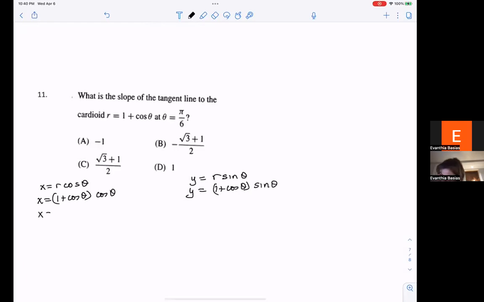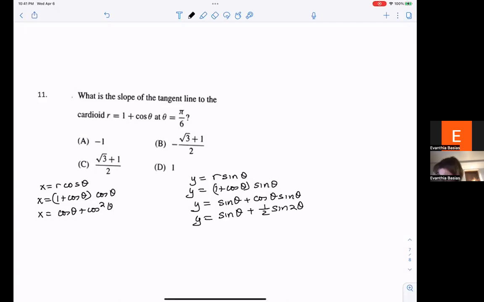Now we distribute. I get cosine theta plus cosine squared theta, and here I get sine theta plus cos theta sine theta, which we said could be simplified into sine theta plus 1/2 sine 2 theta. Okay, notice how we pick up these techniques.